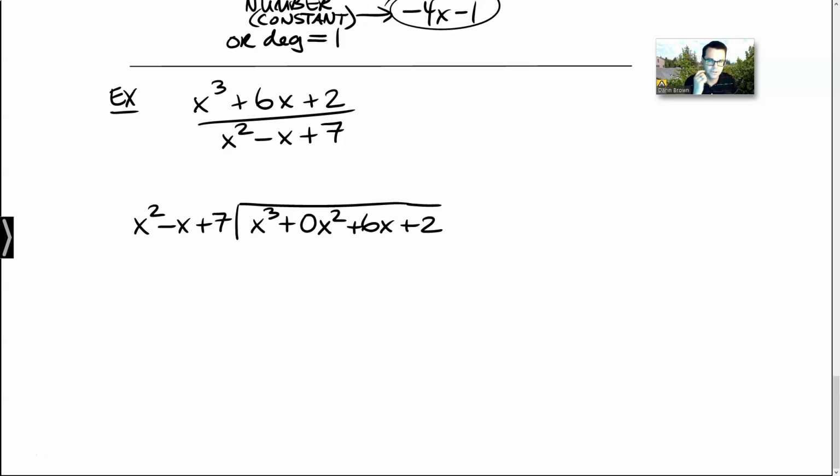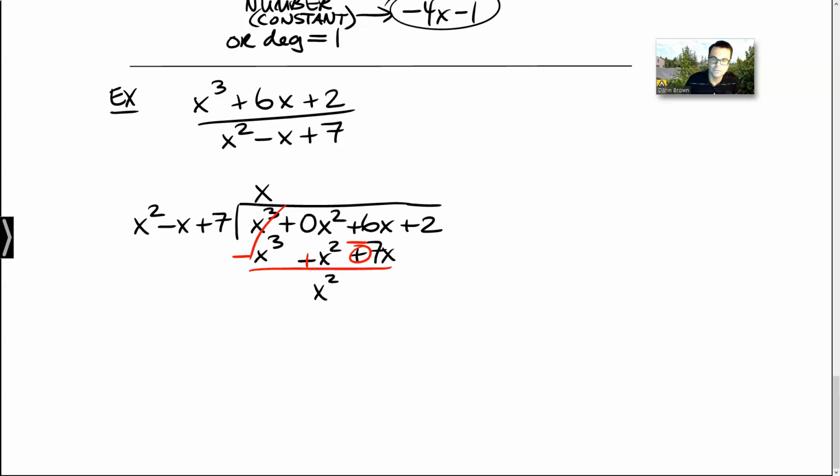How many times does x squared go into x cubed? X times. I distribute across the divisor. So I get x cubed minus x squared plus 7x. Then I subtract, minus, plus, minus, change the signs and add.